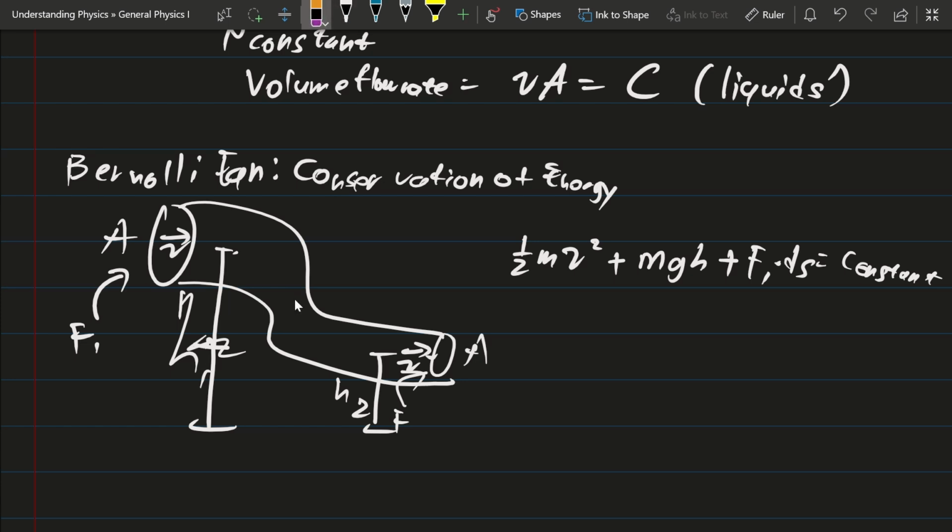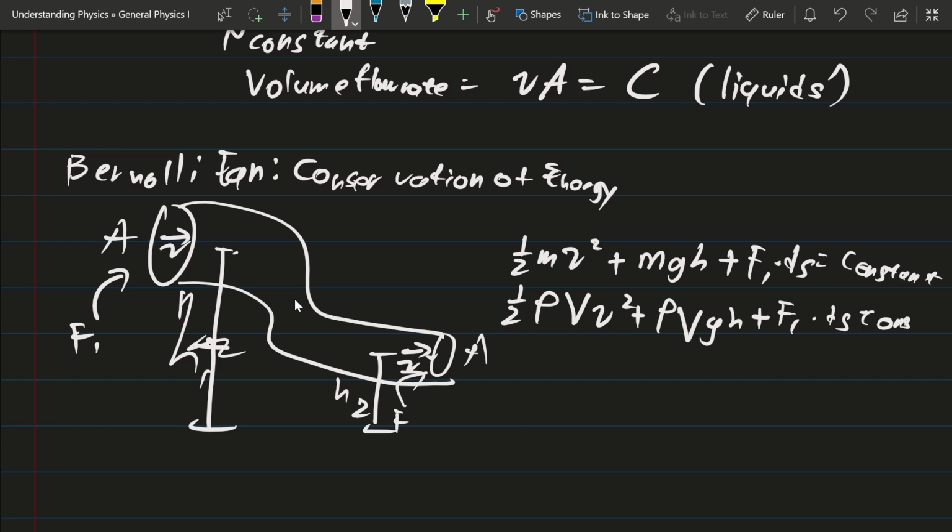Okay, so we could actually write this in a much more interesting way. You could write the m to be half rho v. This is the definition of density of the mass, which is rho times v squared, plus rho v, the mass again, gh, plus f1 times ds. And this is constant. So let's divide everything by v.